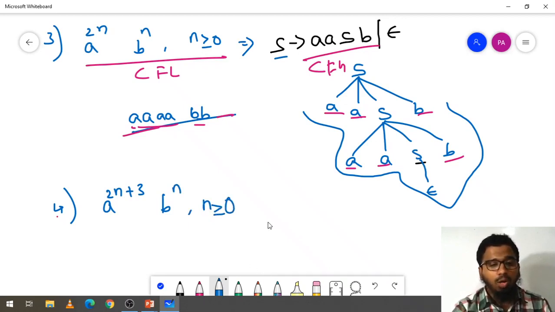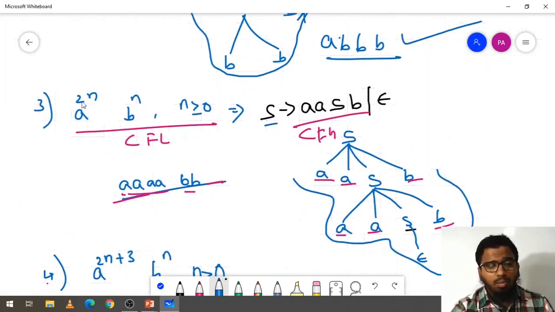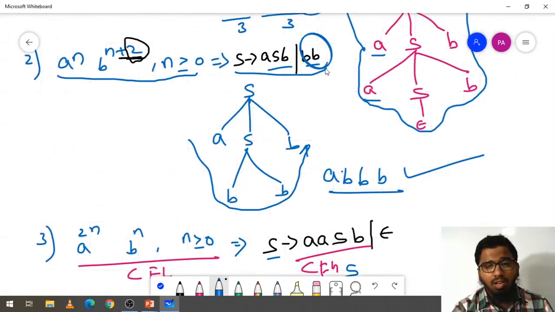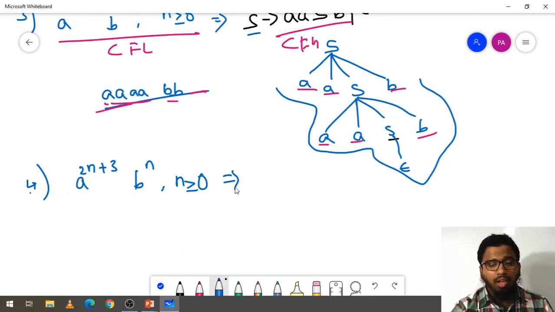Whenever we have something like this, as I told you, for multiplication like 2n you must directly take AA, and if we have the plus, we take it separately.